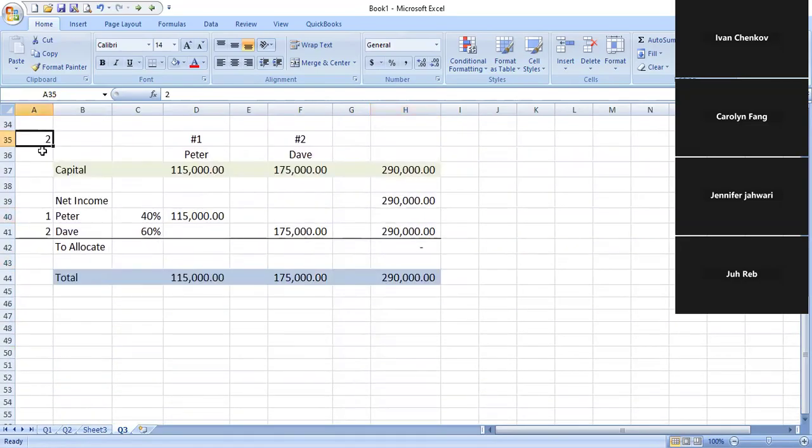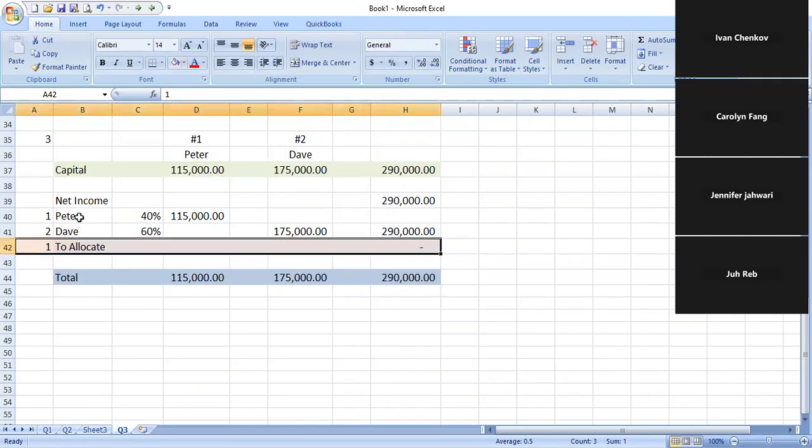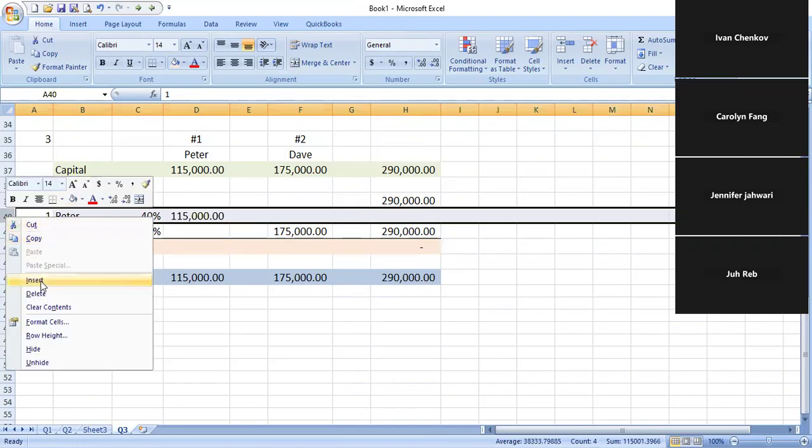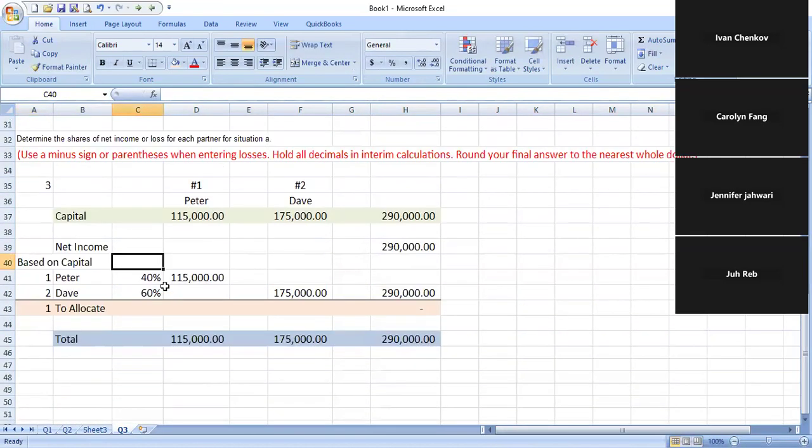That will be number 3 here. So we have two first. On the first allocation, we have to allocate. Now we can go somehow backwards here. That's our net income. The first calculation will be based on capital, but we are capped at the amount of 132,000.